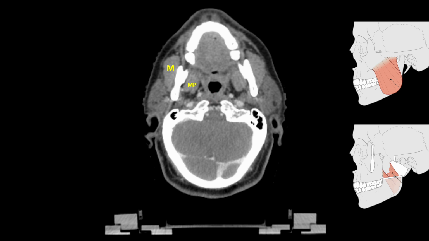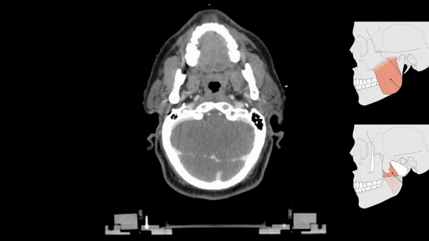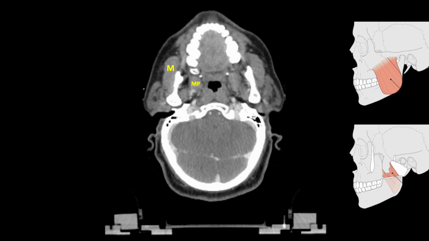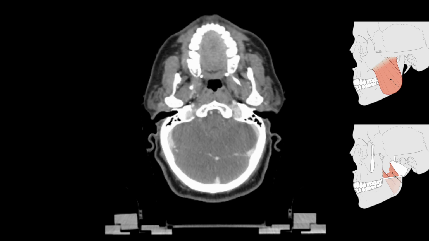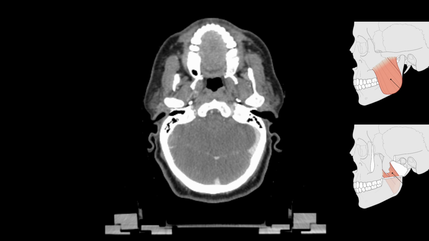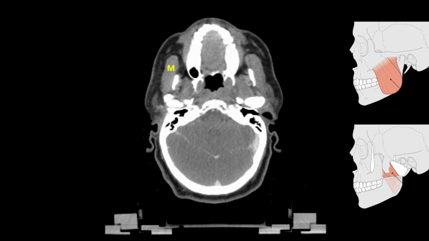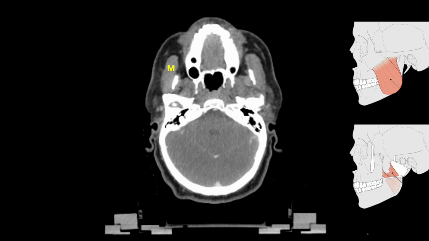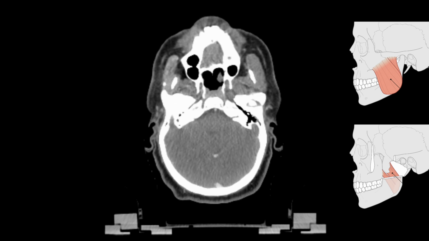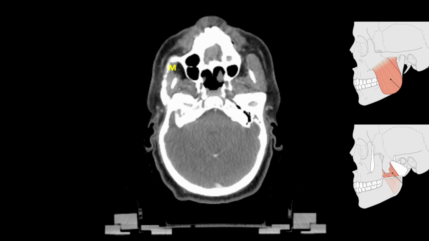The medial pterygoid is now moving medially towards the lateral pterygoid plate. So this is the lateral pterygoid plate, and medial to it is the medial pterygoid muscle. This here is the lateral pterygoid muscle, and the masseter goes on to attach to the zygomatic arch.